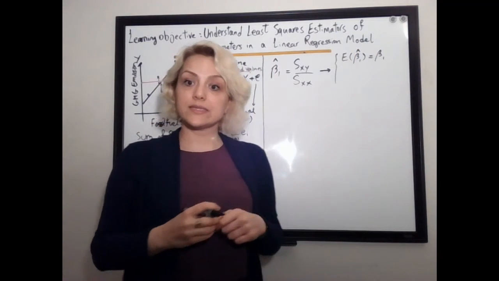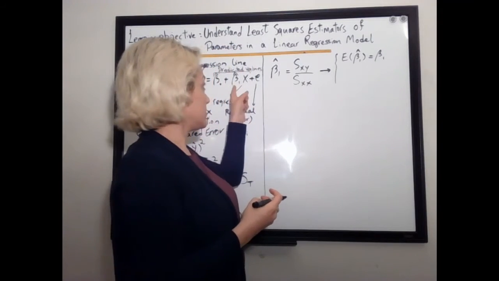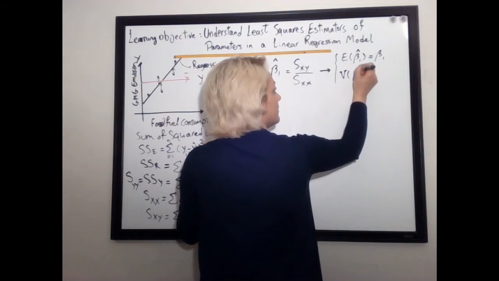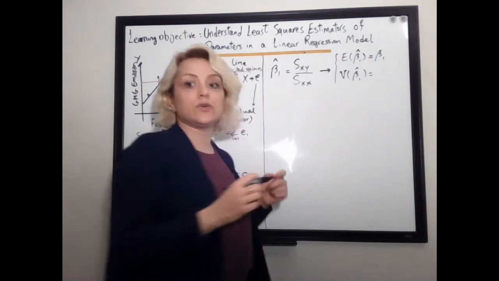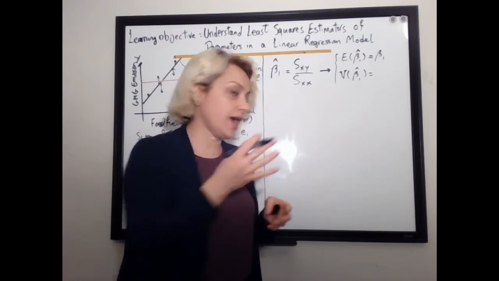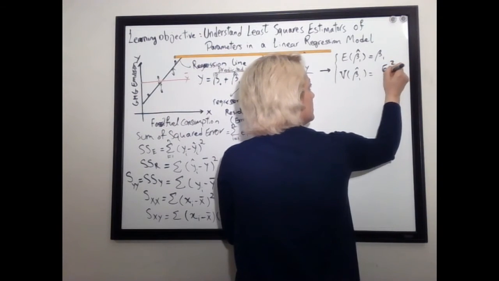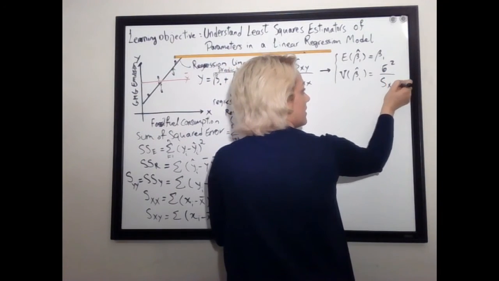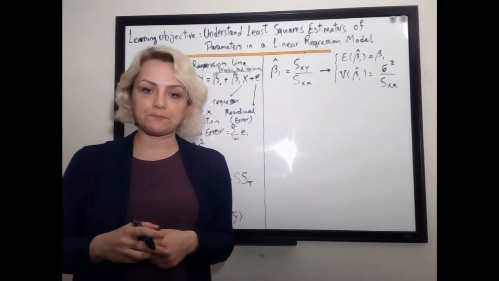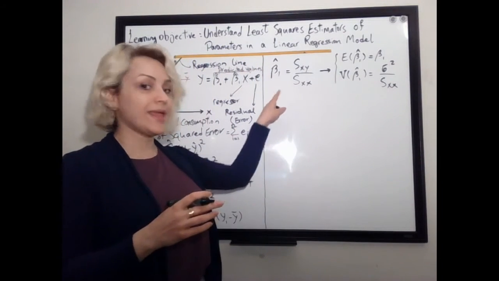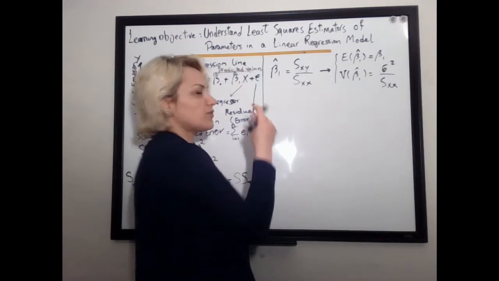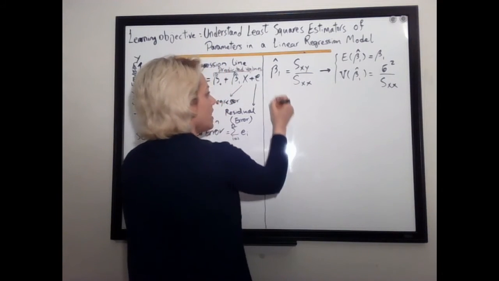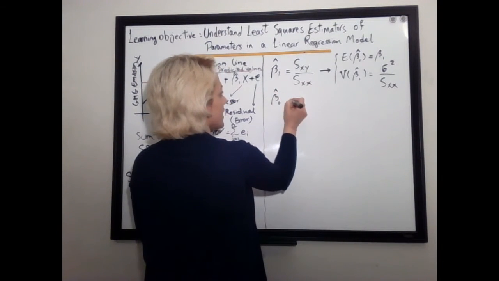And then the variance for this beta 1, if you're interested in finding it, is going to be equal to whatever variance we have in general, sigma squared, or the estimate of that, divided by the sum of the square of the x. So that's for the slope. The next one is for the intercept. For the intercept, we are going to do exactly the same things that we did in the previous video. So it's beta null estimate.